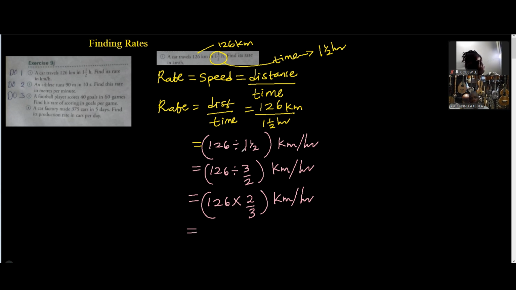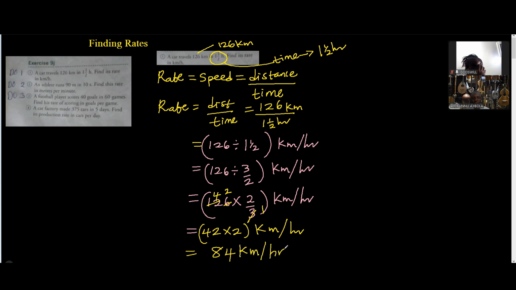So the 2 has gone up, the 3 has come down. Let us try to divide. 3 here is 1, 3 in 12 is 4, and 3 here is 2. So what we have left is 42 times 2 in kilometer per hour. Finally, 42 times 2 is 84 kilometer per hour. And this is your final answer to this question 1.